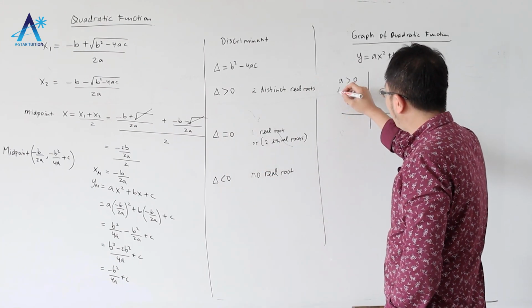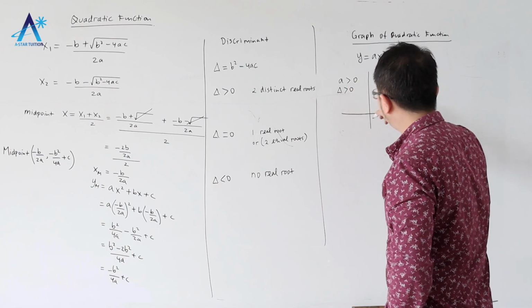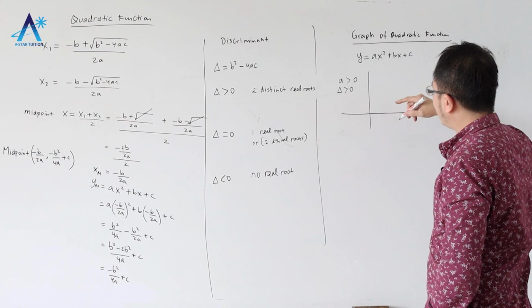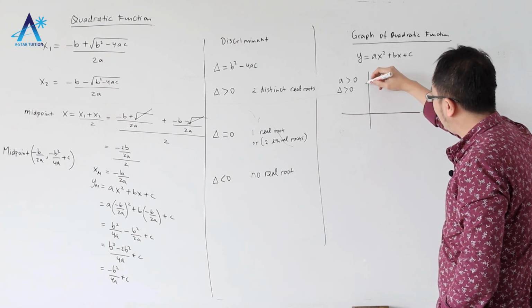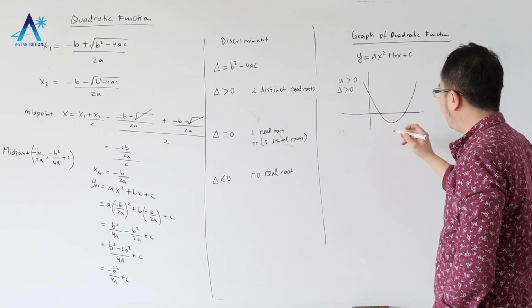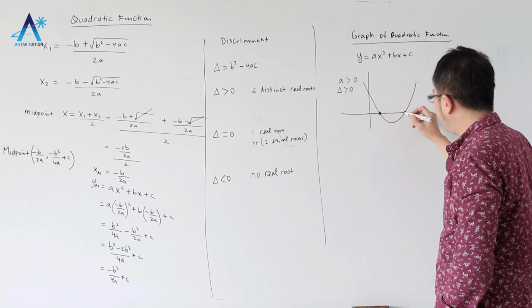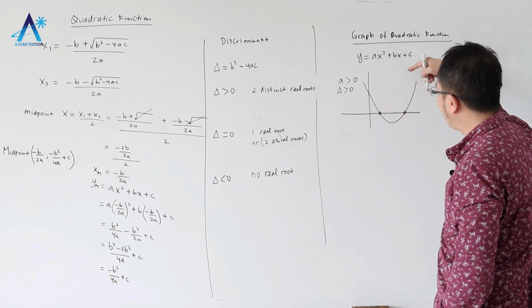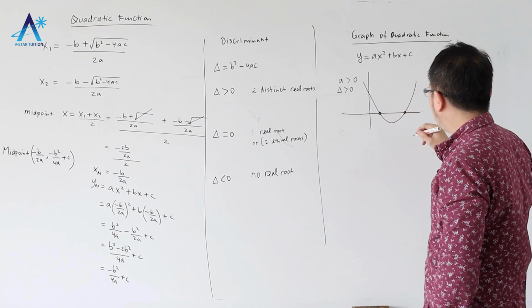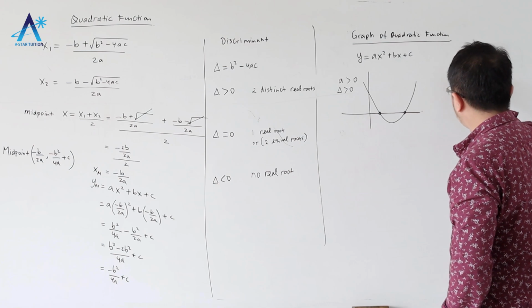So when the discriminant is positive, there are two distinct real roots. So the graph would look as the following. There are two real roots to be observed here, and the graph is concave up.